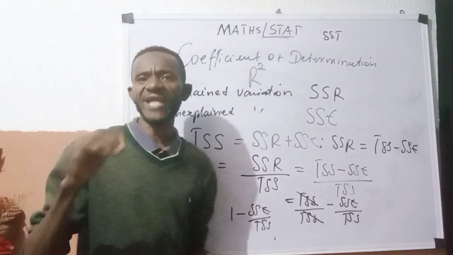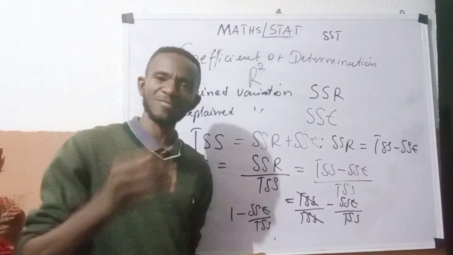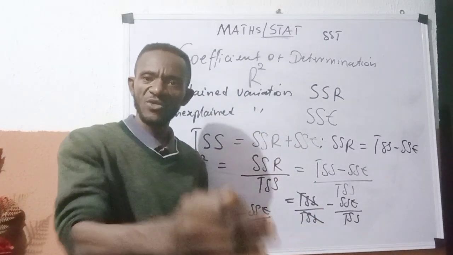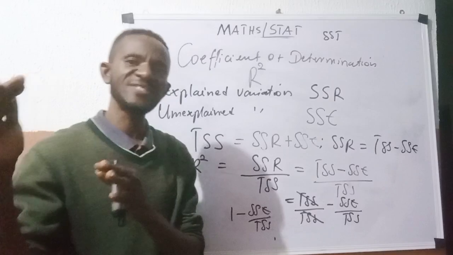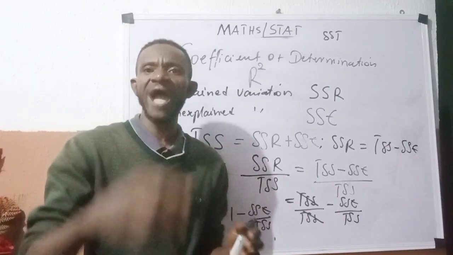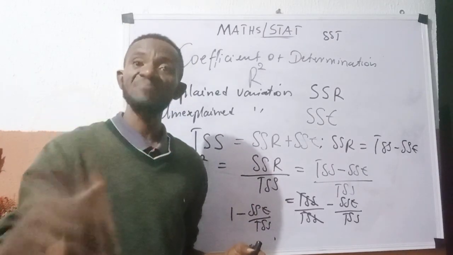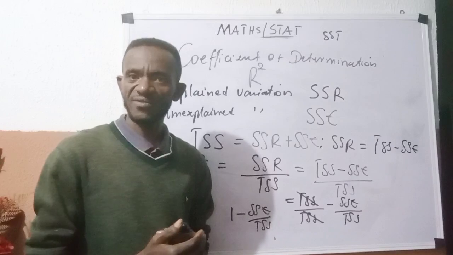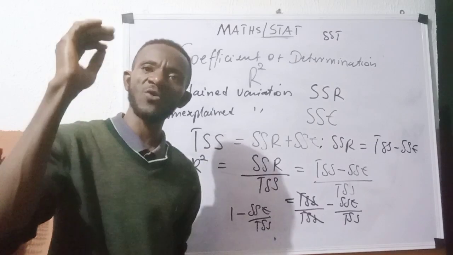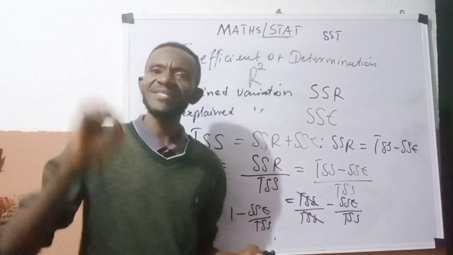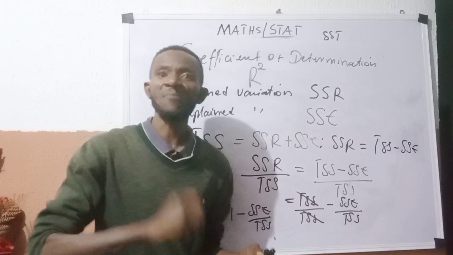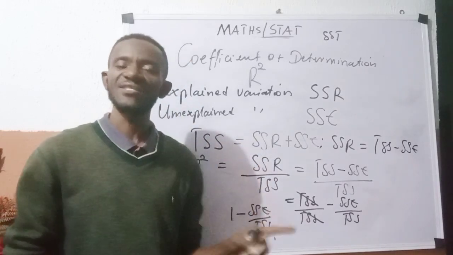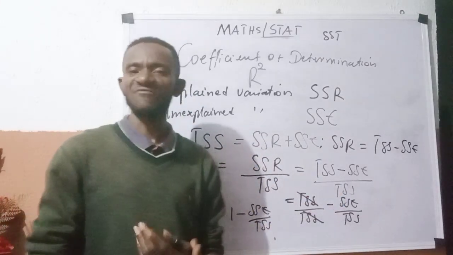And because we are talking about the percentage of variation that can be explained by the model, we find that the higher the percentage that can be explained by our model, the better. So the higher the value of the coefficient of determination, the better fit our model has to predict the values of the dependent variable.